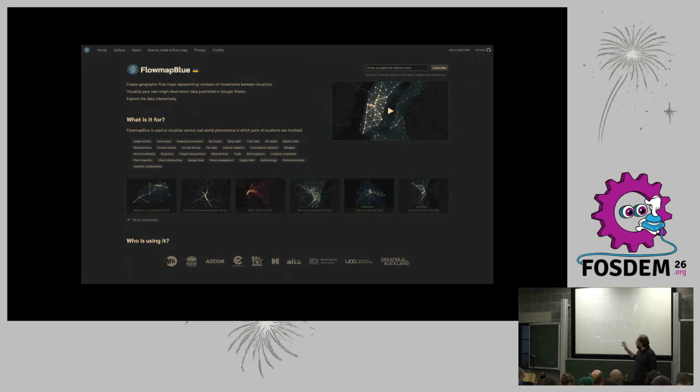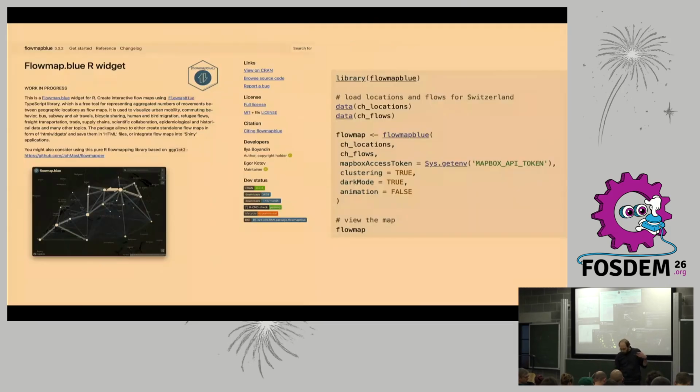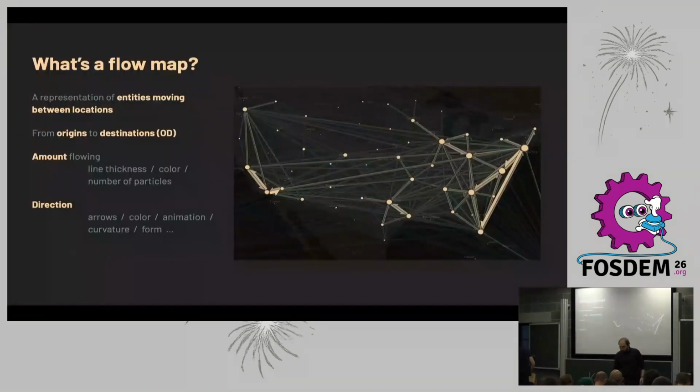Then you just paste the URL to this tool, and it will magically visualize it as an interactive map. And people started using it and publishing stuff. That was pretty cool. Then some people started contributing back, like there is, for instance, an R integration developed by Igor Kotov, somebody from the community.